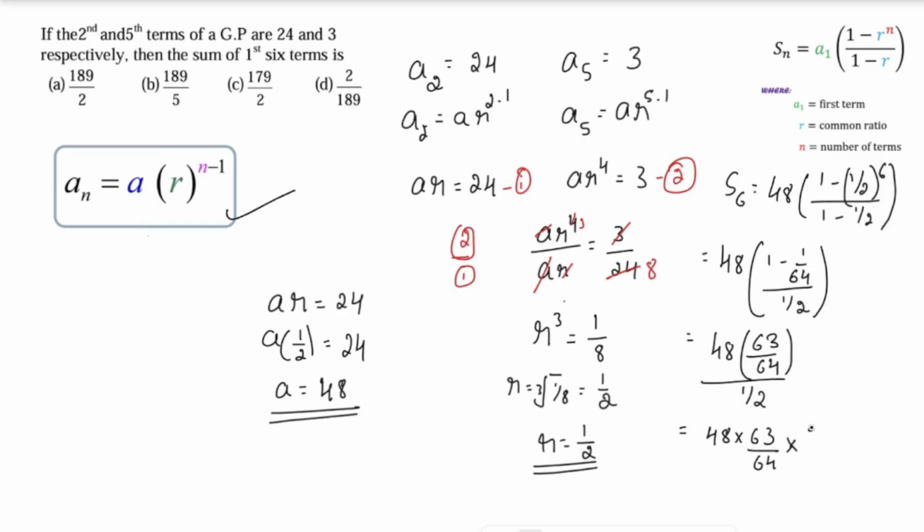Reciprocal is 2 by 1. So 16 fours are 64 and 16 threes are 48. Here 2 ones are 2 and 2 twos are 4. So 63 into 3 is 189 divided by 2. So 189 by 2 is the right answer. Here you see option A is the right answer.